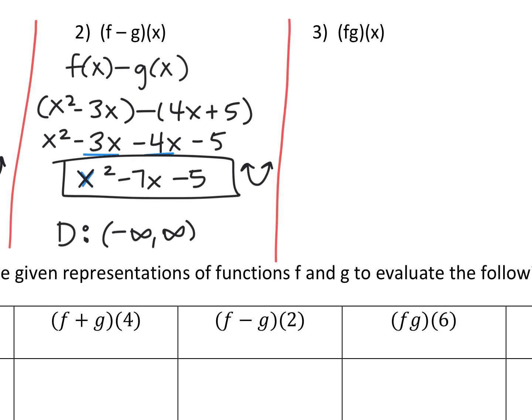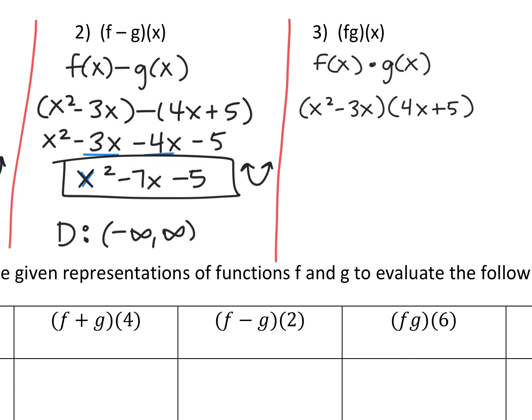Okay, you're doing f of x times g of x. This is when you're going to have to FOIL. Okay, f of x is x squared minus 3x. G of x is 4x plus 5. You can call it double distribution, foiling, whatever.